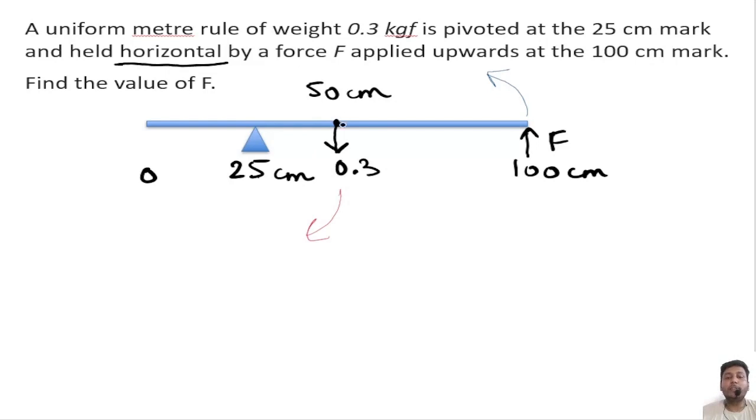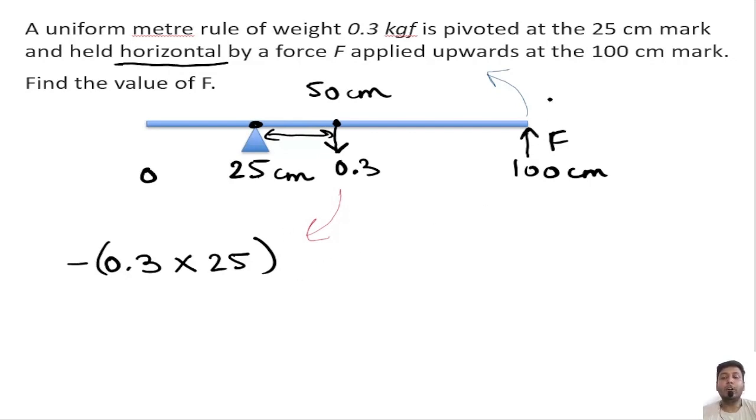The force is 0.3 and the distance between the pivot point and this force is 25 centimeter. So the clockwise moment is the force 0.3 multiplied by the distance 25.